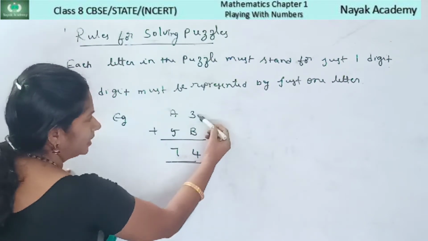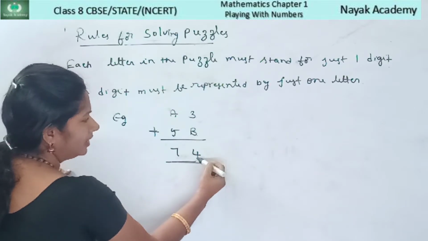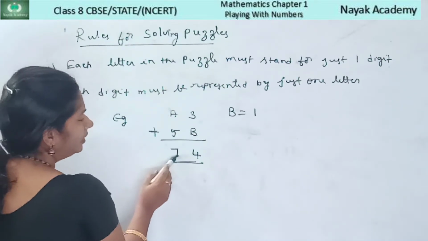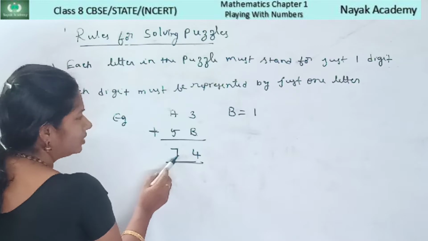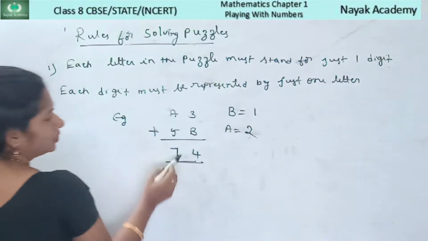Here, if this is addition, 3 plus 1 is 4, so the b value is 1. Now here I need to get the answer as 7. If I add 2 to 5, I'll get 7, so the a value is 2. 5 plus 2 is 7.